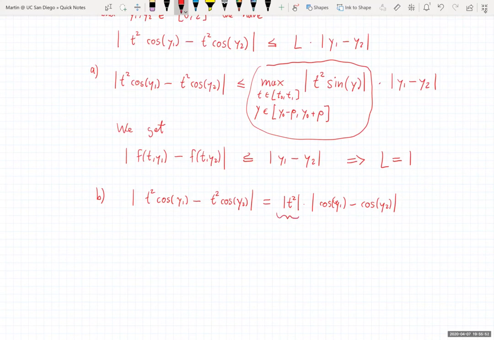I find this factor is bounded from above by 1 because t is taken from the interval from 0 to 1. So this is bounded from above only by the absolute value of the difference of cosine y1 and cosine y2.